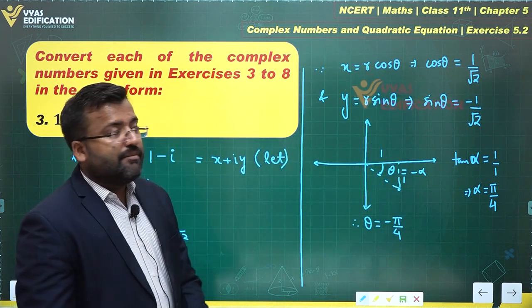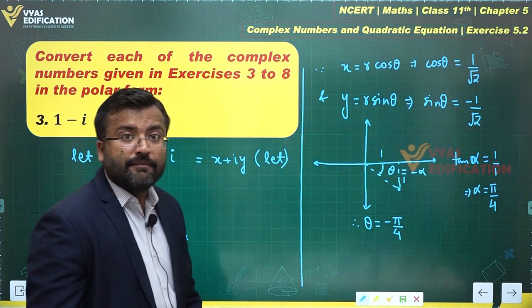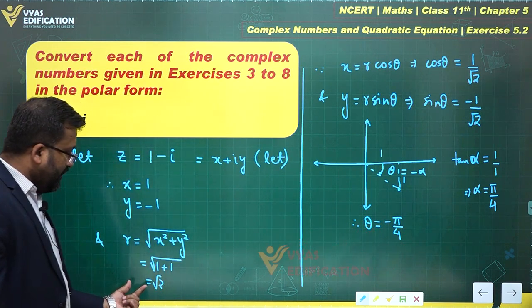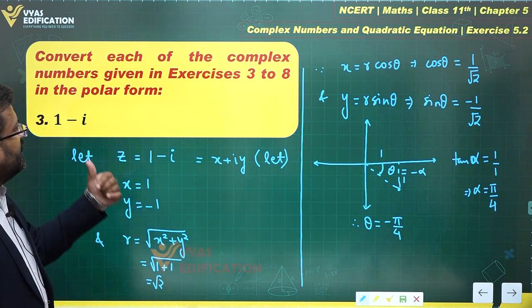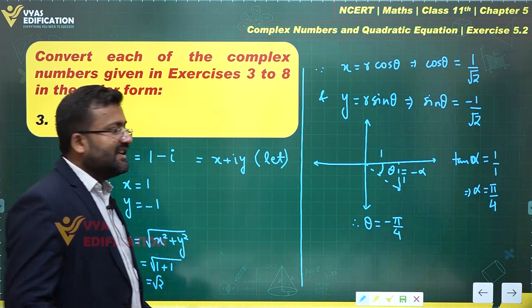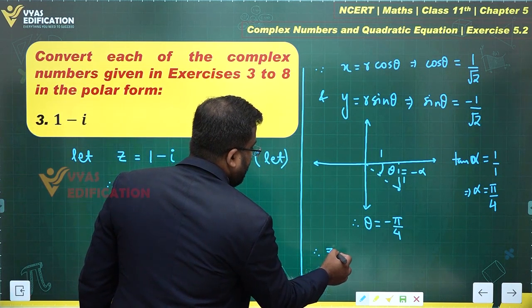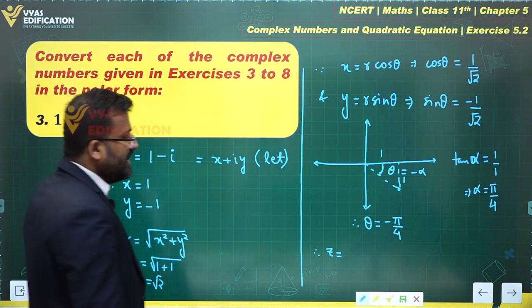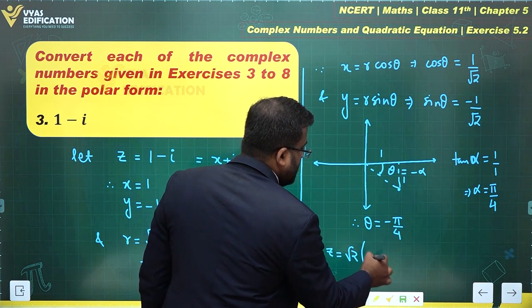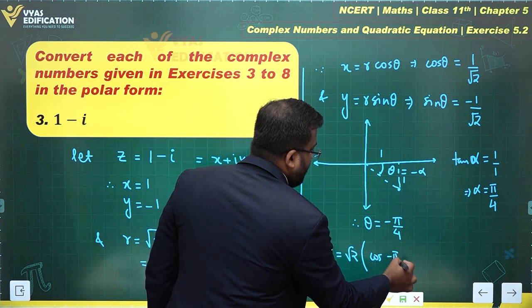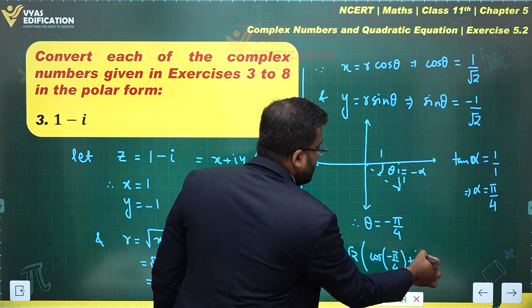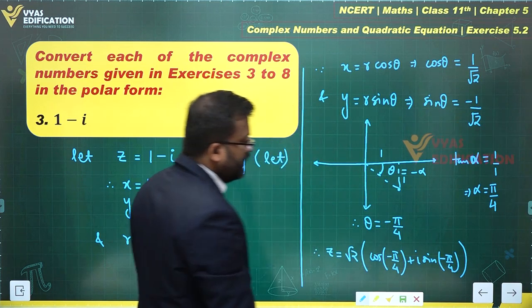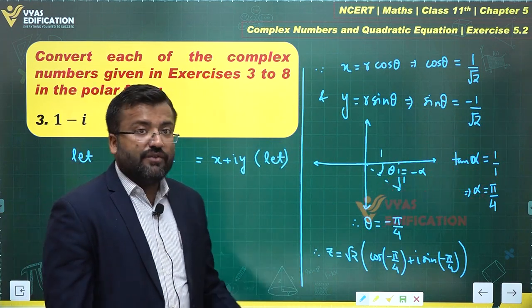So this is the argument of z. You have already found the value of r, that is the modulus of z, and therefore z in the polar form equals r times (cos theta plus i sin theta), which is root 2 times (cos of minus pi by 4 plus i sin of minus pi by 4). This is what I will be representing the value of z as.